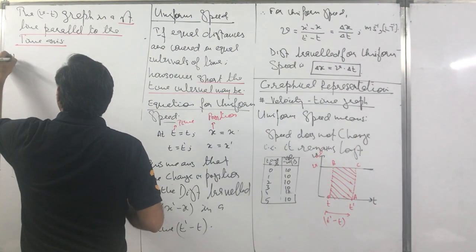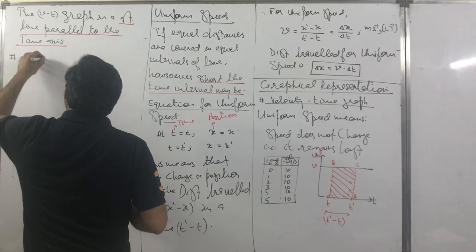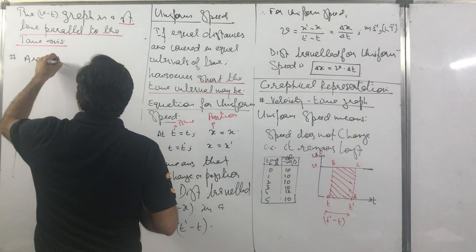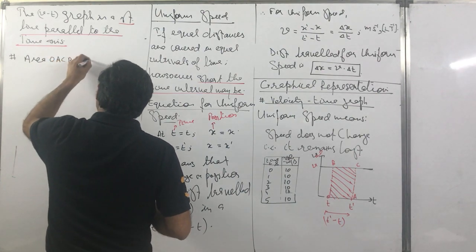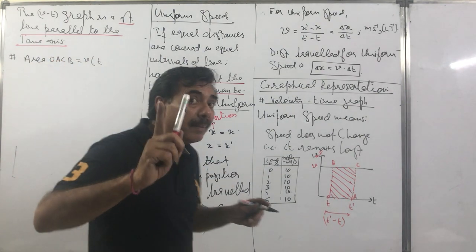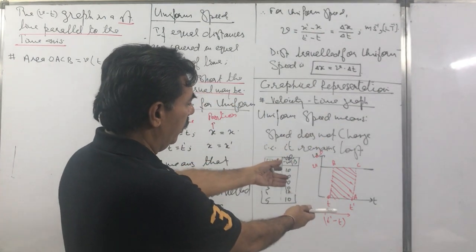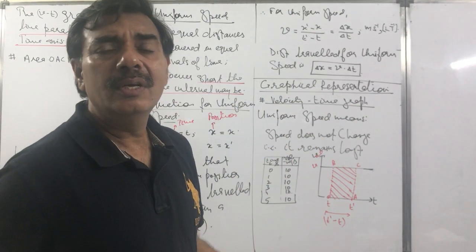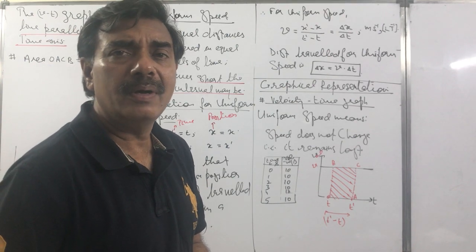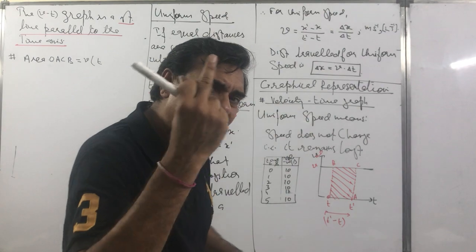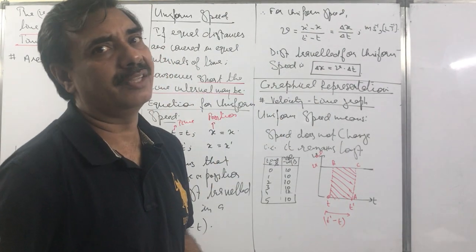Thus, area OACB is, do not cram. In physics never memorize. Look, when we do some questions to find the distance traveled from the speed time graph, you will then quickly remember it. It is only the application part which makes us understand the theory.